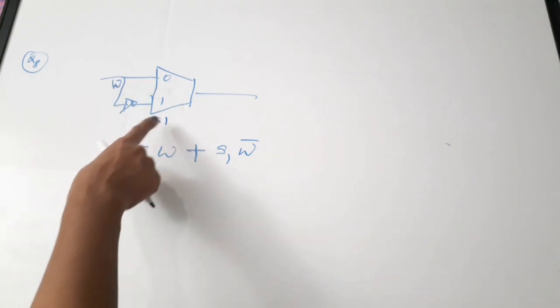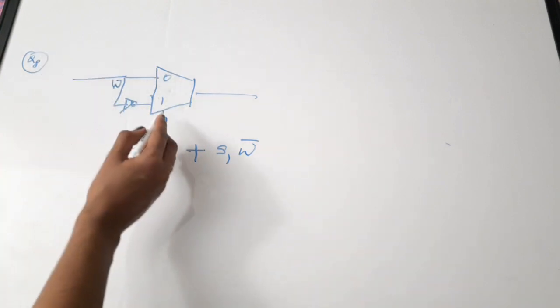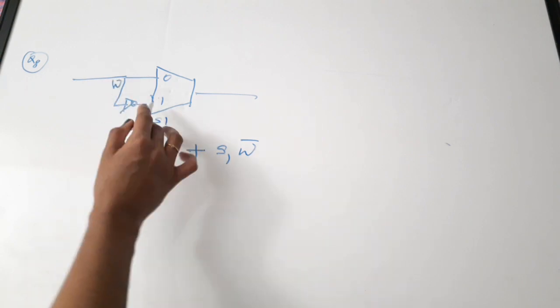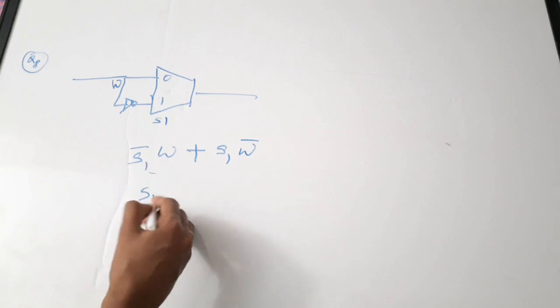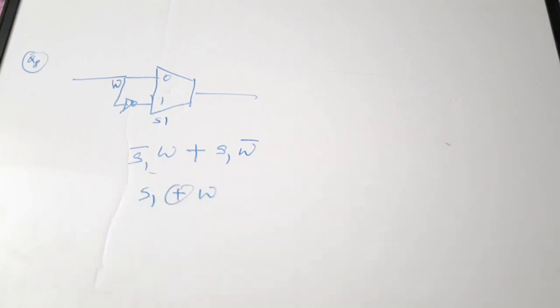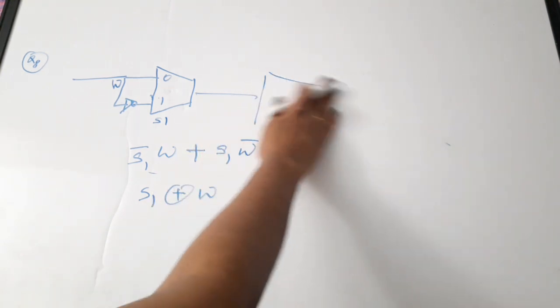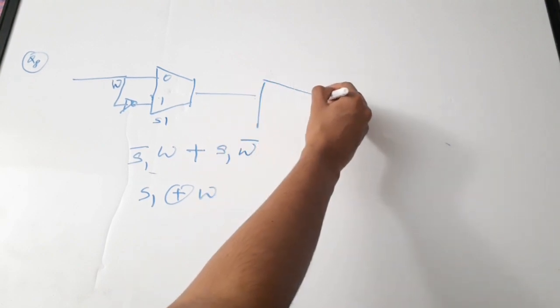So S1 is 0 means it will select W directly. When S1 is 1, it will be selecting the complement, right? So this is the expression. This is nothing but S1 XOR W. Next, similarly, we have connected this output in the same way to the second multiplexer also.